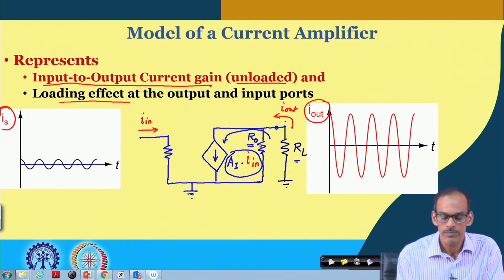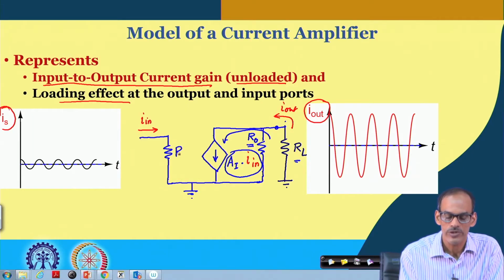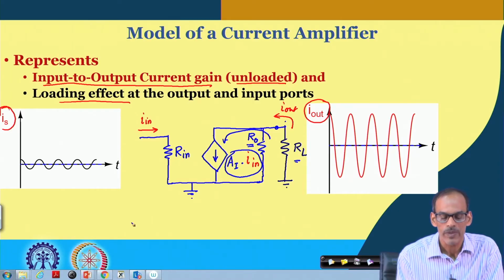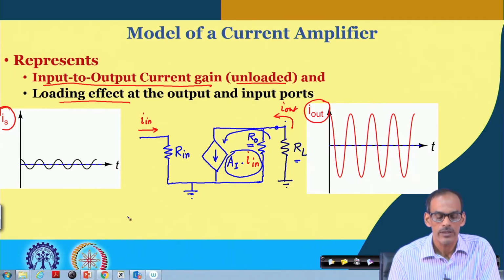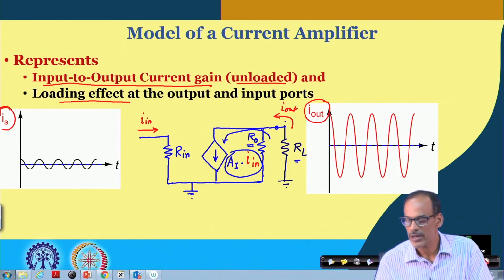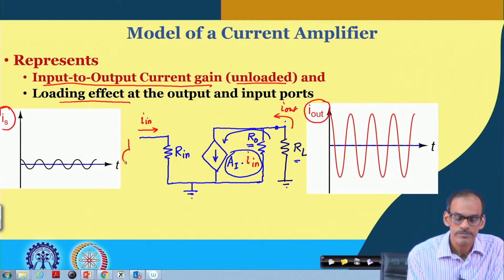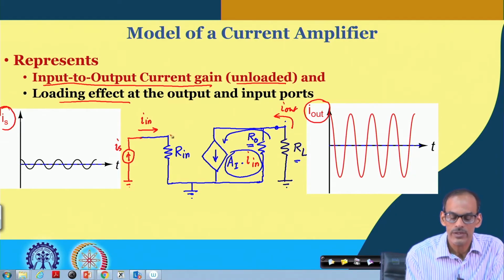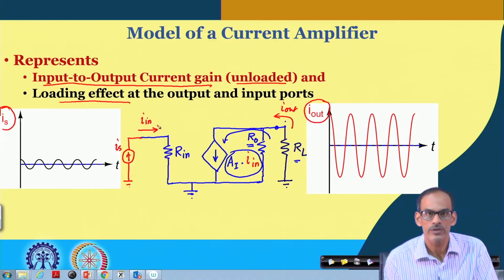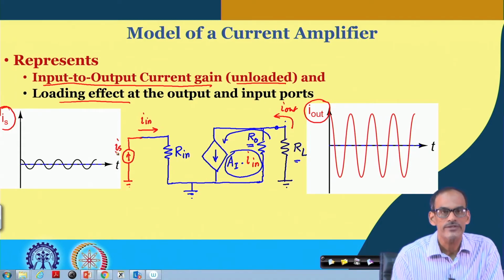Same thing at the input side: ideally we want the input resistance to be 0, but practically, when we consider a circuit and stimulate it with a signal current I s, and if I directly feed this current to the circuit, the internal current I in going to the circuit need not be the same as this I s.